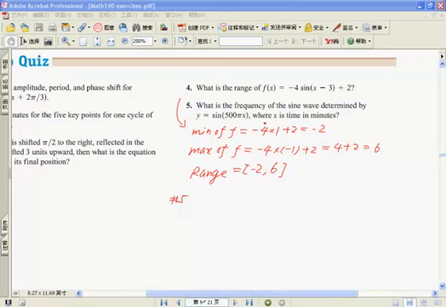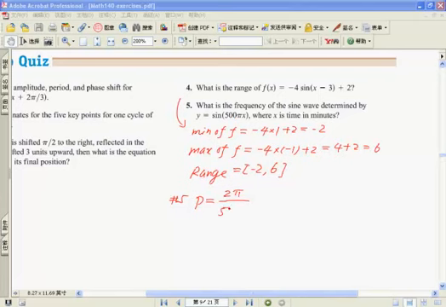Now let's look at the number 5. What is the frequency of the sine wave determined by y equals sine of 500 pi times x, where x is time in minutes? So first, we get the period of this function: p is equal to 2 pi over the coefficient of x.